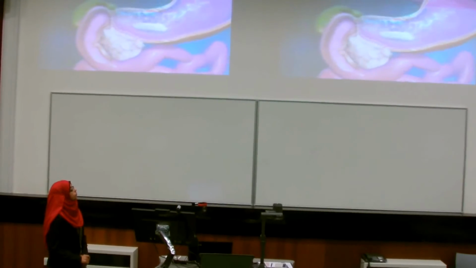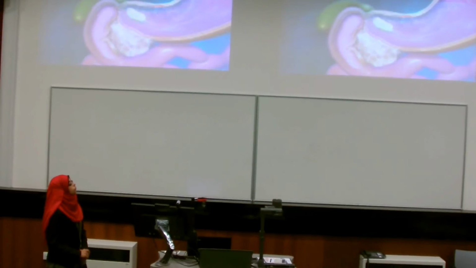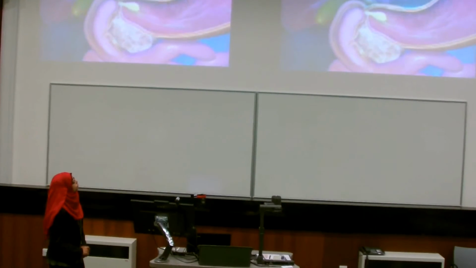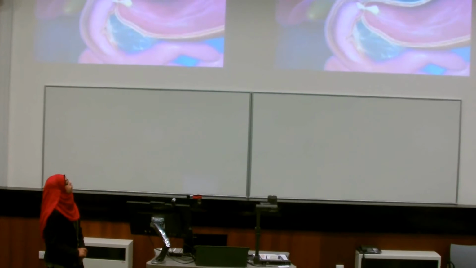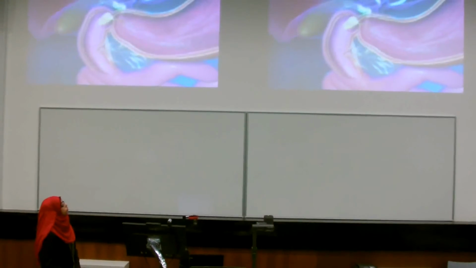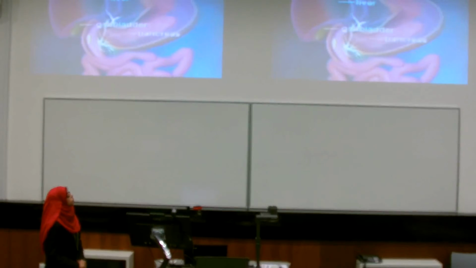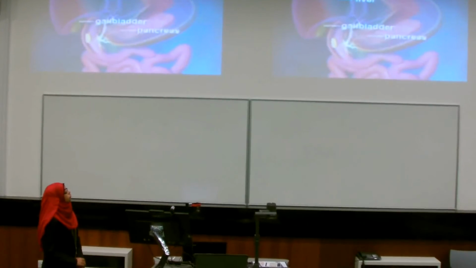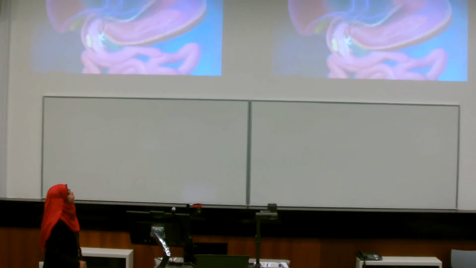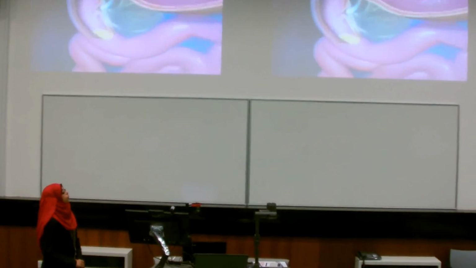The liquefied bolus, now called chyme, then passes through the pyloric sphincter and enters the duodenum, the first section of the small intestine. It is here that enzymes released from the pancreas, liver, and gallbladder further break down chyme into elements that can be easily absorbed and used by the body.